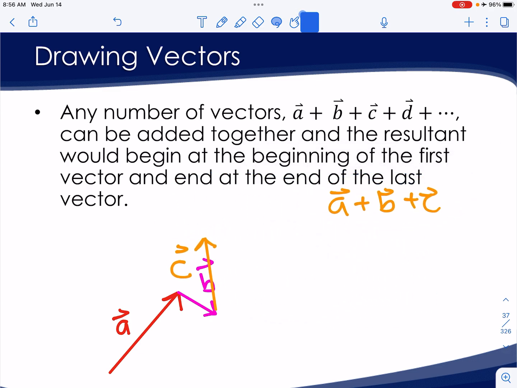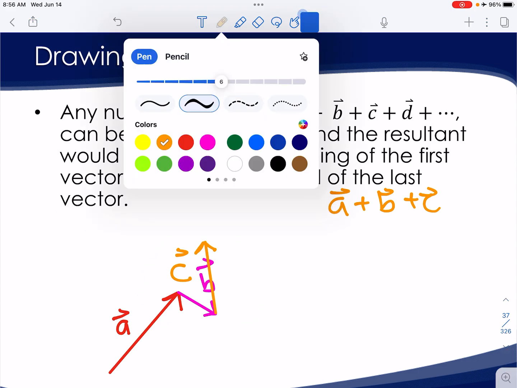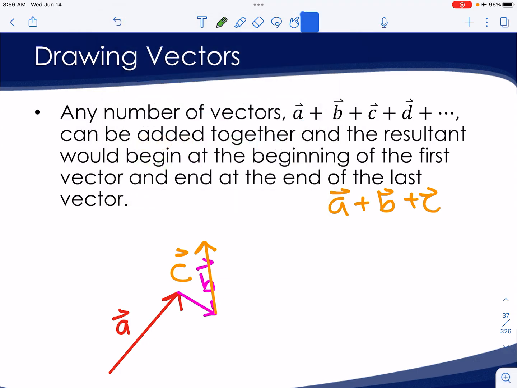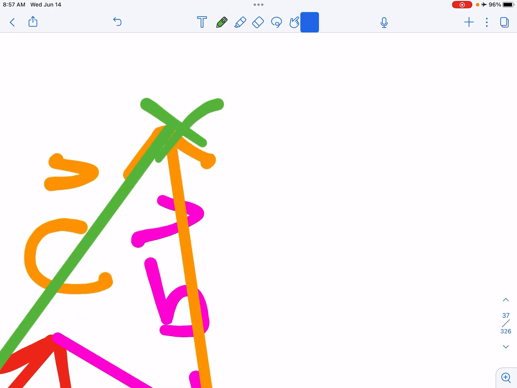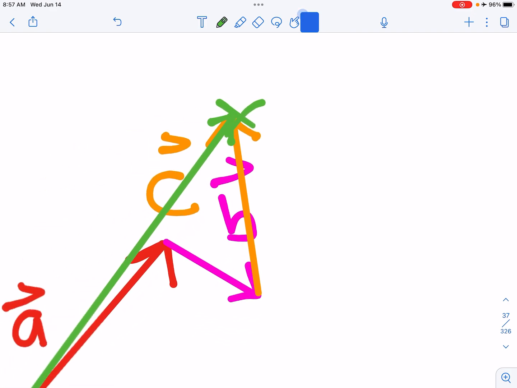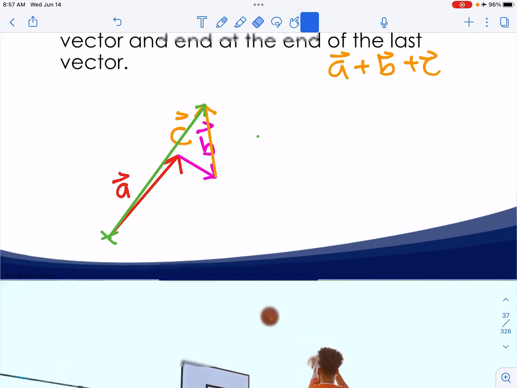And then C, we would put its tail at the head of B. And then the resultant vector, we would start at the beginning, which is right here, and we would end up here. That would be our resultant vector. And I can probably erase that X. Makes it a little less confusing.